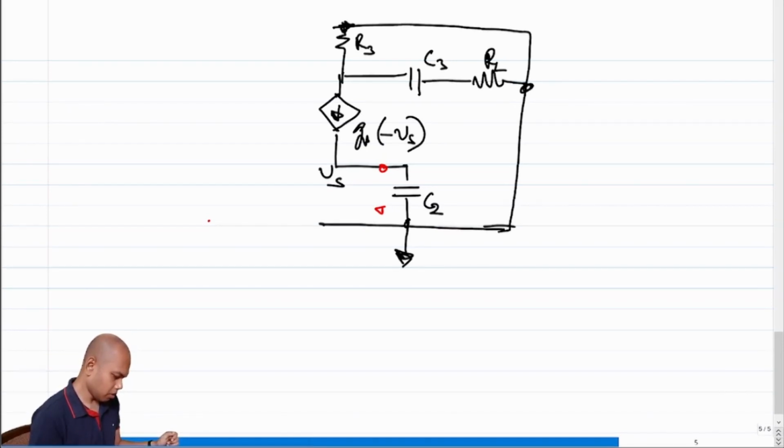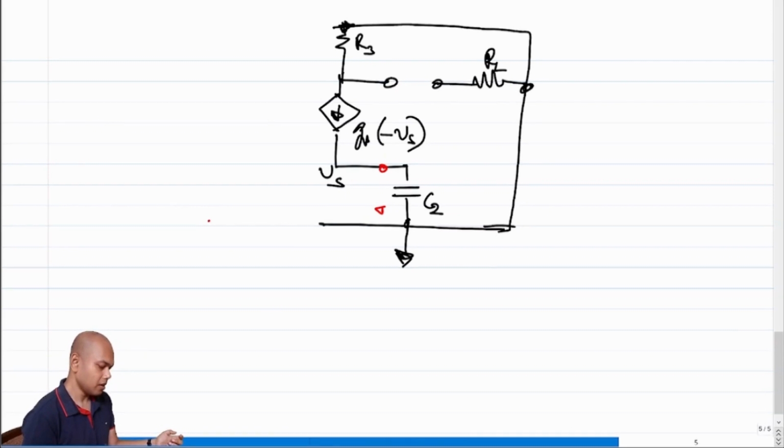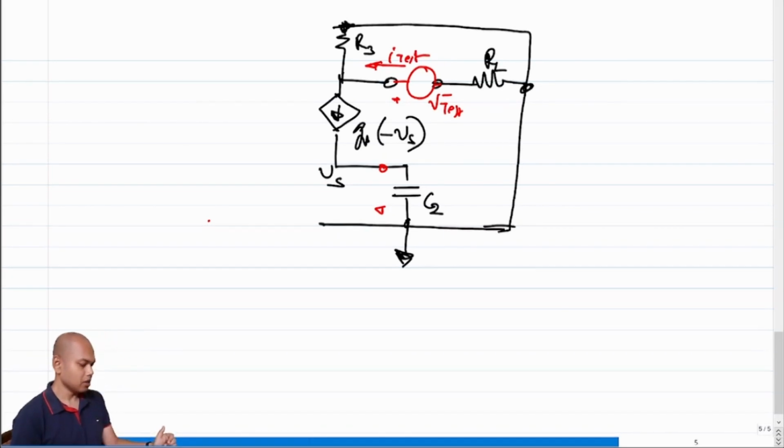What should I do now? Like before, I have to find the time constant associated with C3, which effectively means that I have to find the Thevenin equivalent impedance looking from these terminals, right? So what should I do? I should put again a test voltage source, V test. I need to find out what I test is, right?